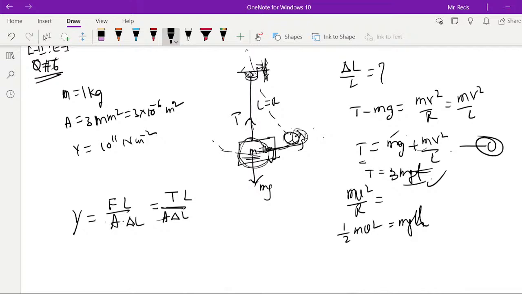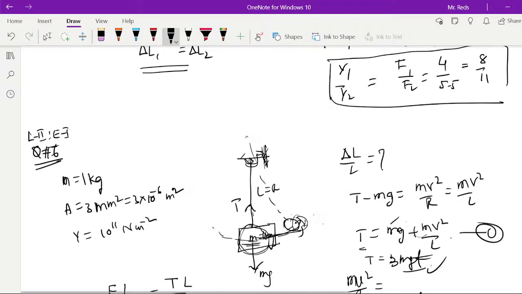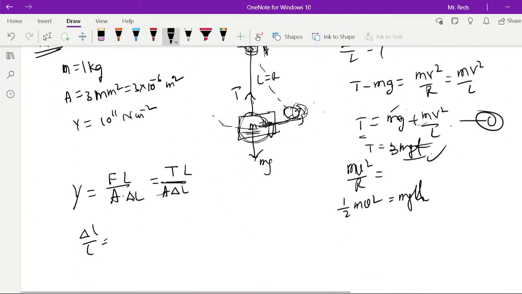Delta L by L is the fractional change in length. Delta L by L is equal to T by A into Y. So T can be taken as 3 mg. For a smaller angle, it should be the length of the arc.